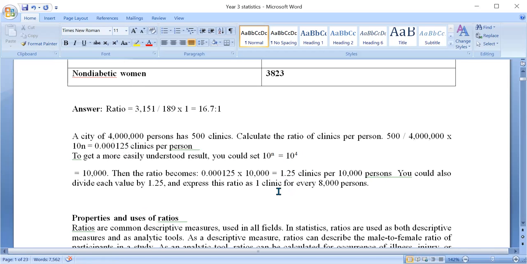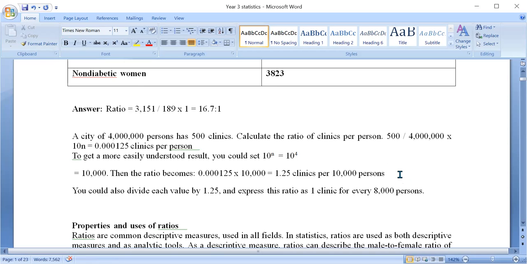How can you say there is a clinic and a half? You don't have a clinic and a half. So we will still have to go further to make it understandable.